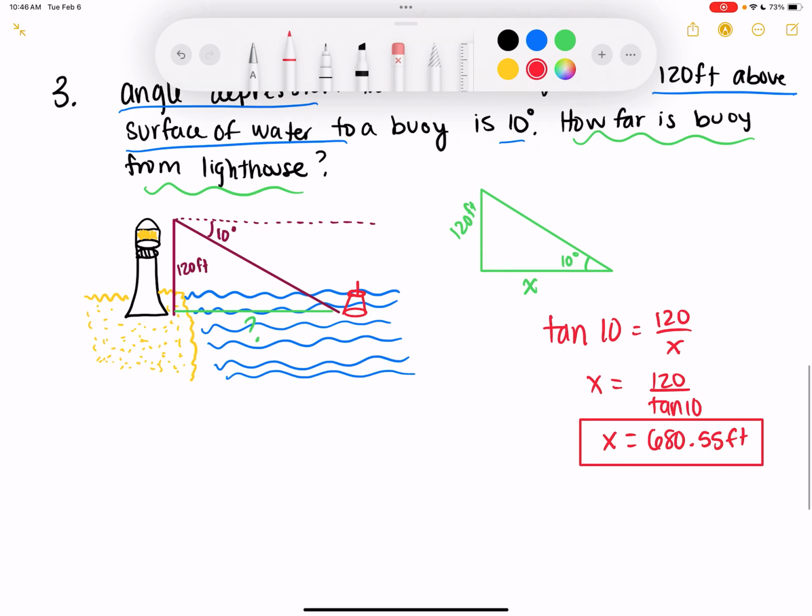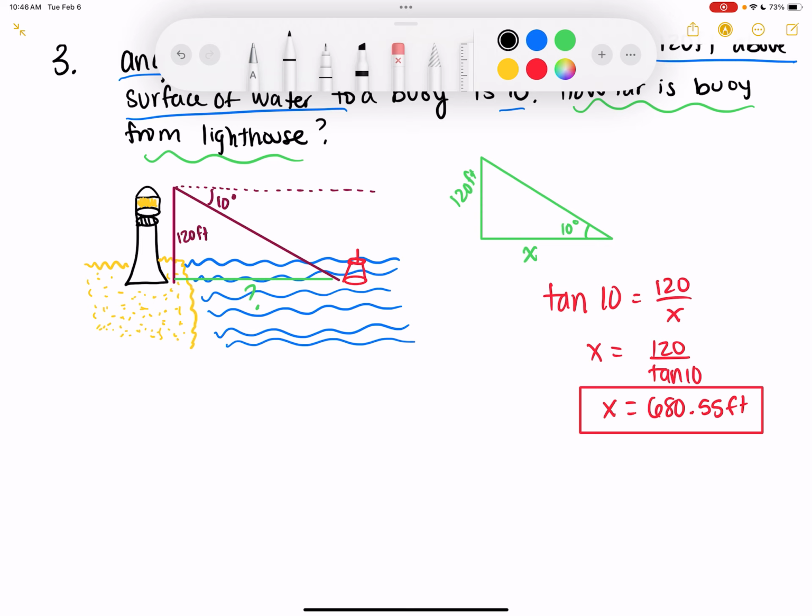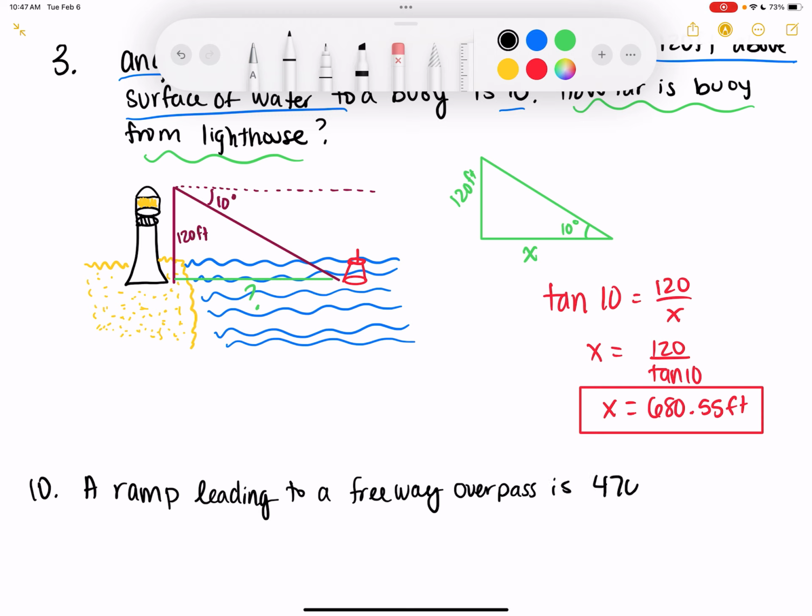All right. Let's jump to number 10. A ramp leading to a freeway overpass is 470 feet long and rises 32 feet.